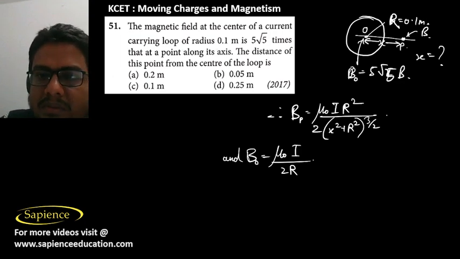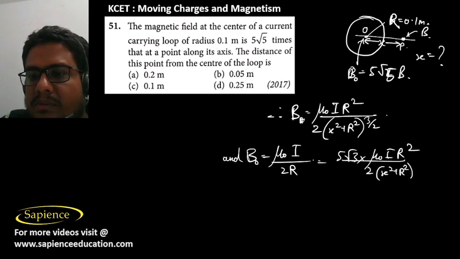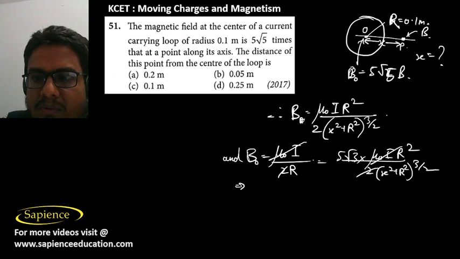So this should be equal to 5 root 5 times this B, which is mu naught I R square by 2 into (x square plus R square) whole power 3 by 2. Now mu naught I and mu naught I will cancel out. 2 and 2 will also get cancelled. Now this is 5 root 5.